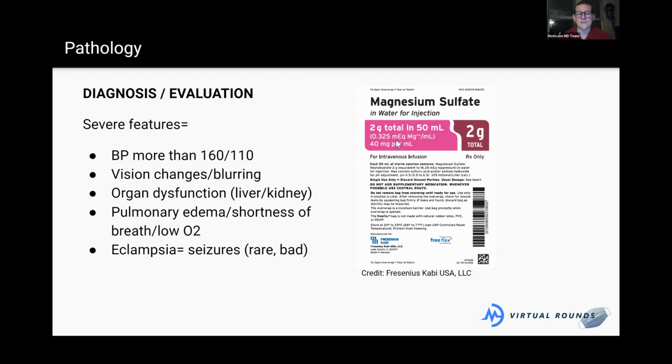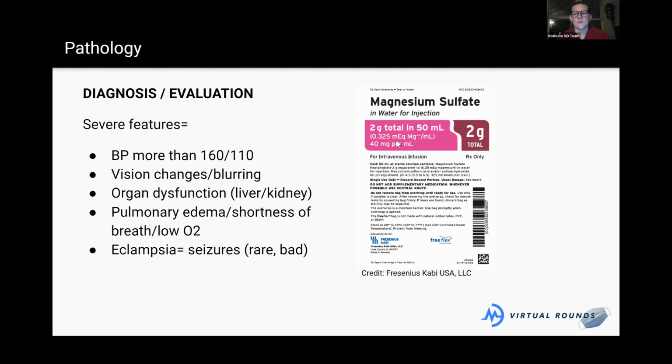That's what we would call a severe range blood pressure. And then you would also have some more scary neurologic symptoms like vision changes or blurry vision, organ dysfunction, like we talked a little bit about with HELLP syndrome, if your liver and kidney markers are elevated. But sometimes you can just have complete organ failure and shutdown.